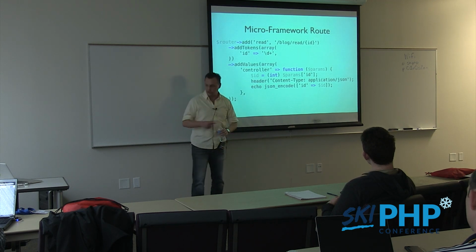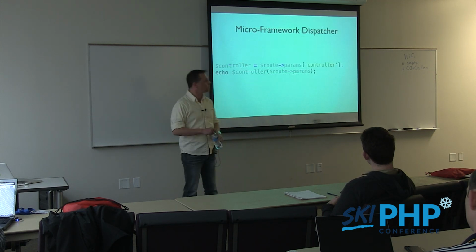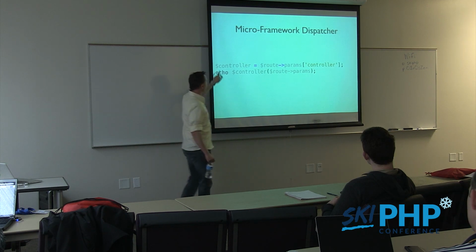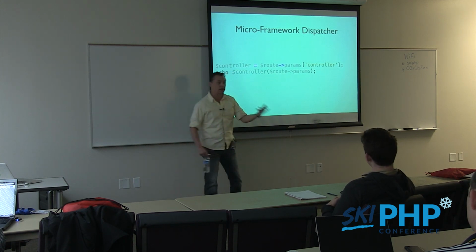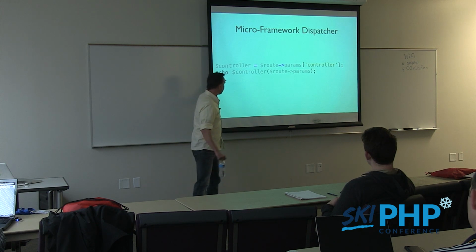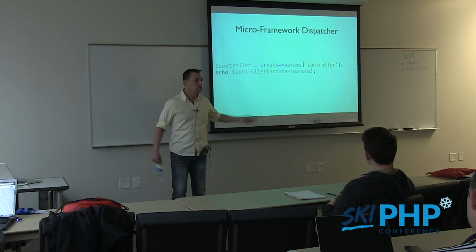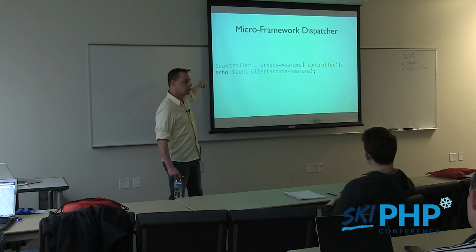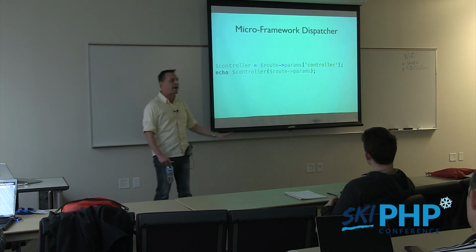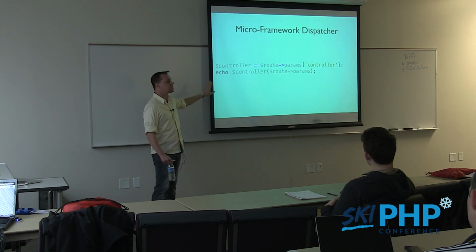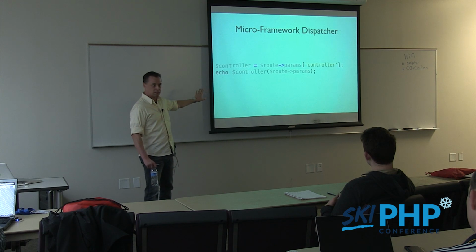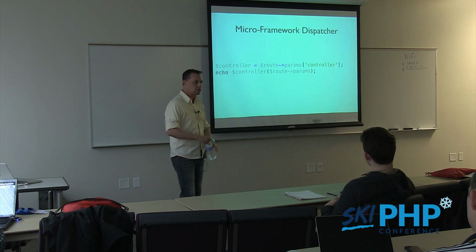If this matches, when we get back the parameters, all you have to do is say controller equals whatever that closure is that's in the parameters. Echo it with the rest of the parameters. You're done. Dispatch in 2 lines. Completely dispatch independent. This is decoupling. Does everyone get what we're talking about here?